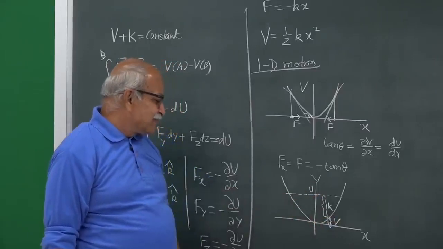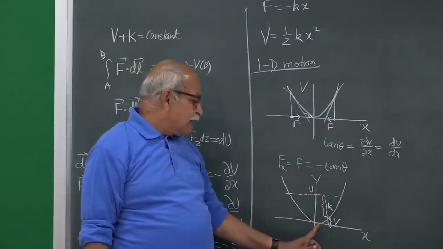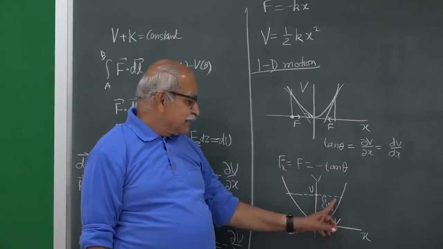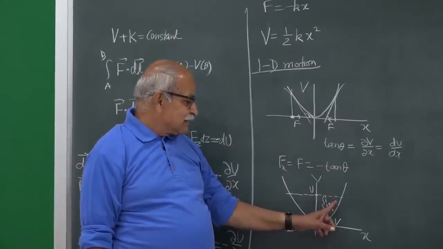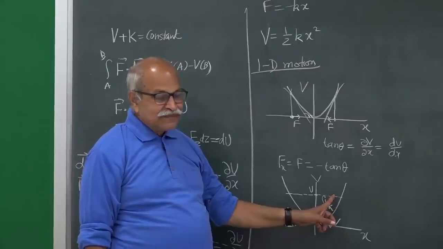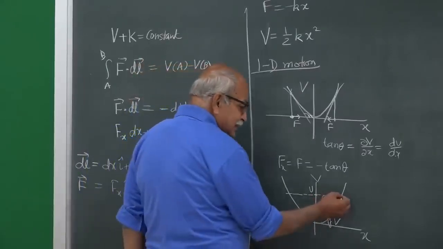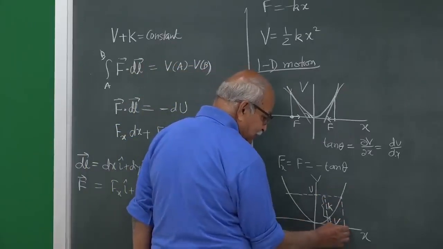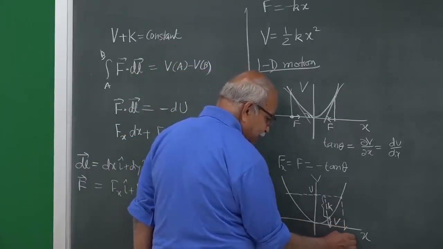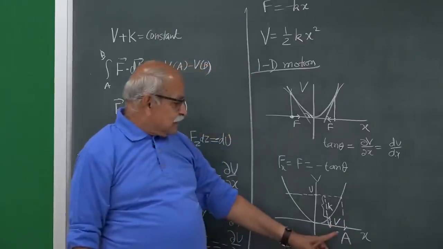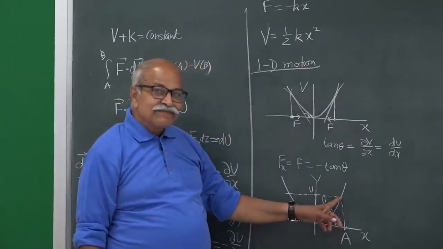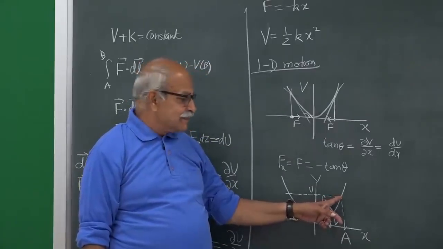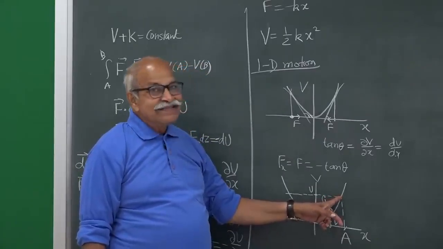Now you can see if the particle is moving away from the origin, the potential energy is increasing, the kinetic energy is decreasing, the total remains u. And if the particle reaches this particular point here, call it x equal to a, what happens? This is the potential energy and this is also equal to the total mechanical energy, and therefore, the kinetic energy is 0.